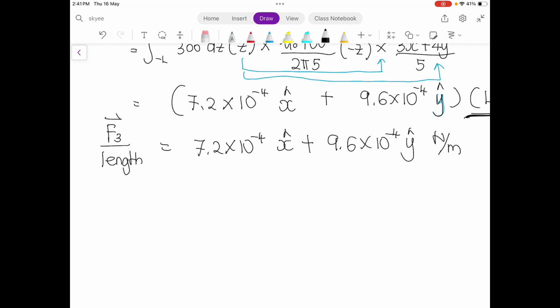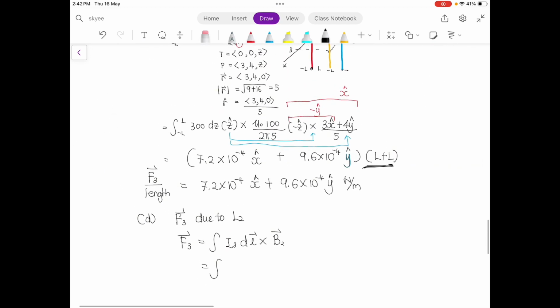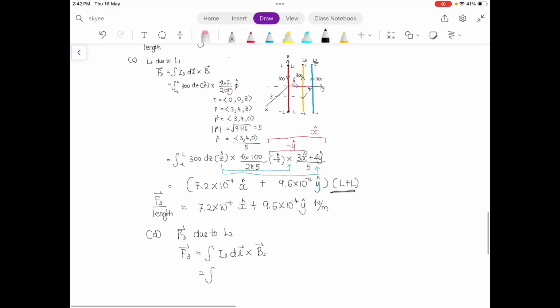So we go to question D. F3 due to I2. F3 is equal to the force acting on the I3 due to the magnetic field of I2.